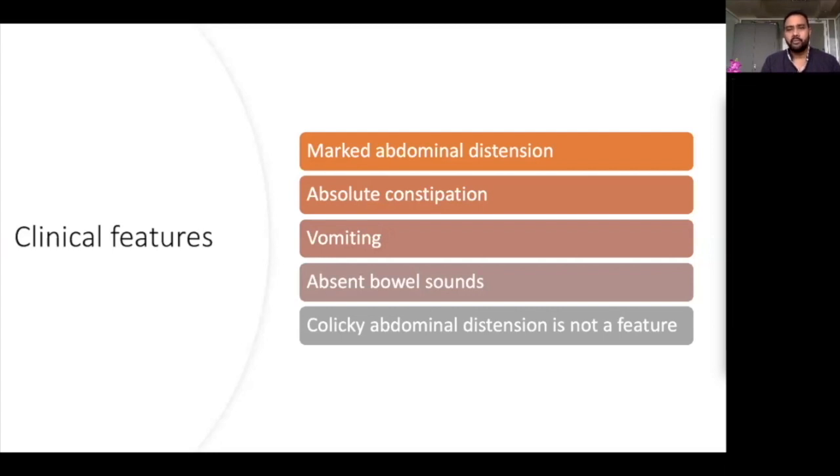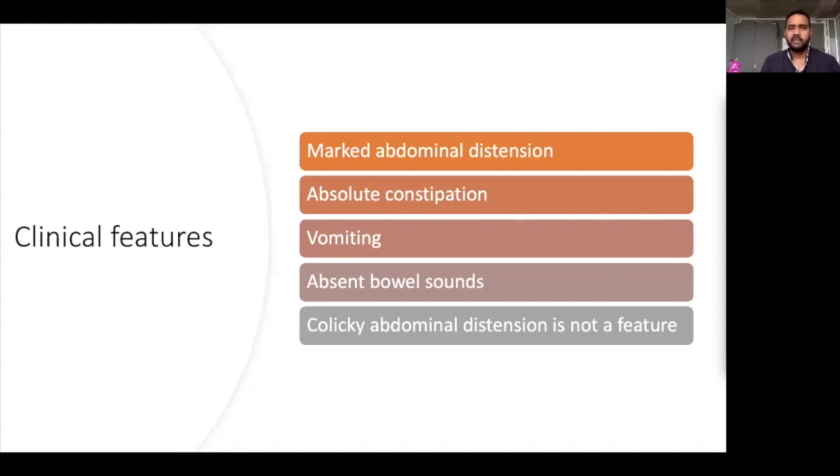And in colonic obstruction, people mainly have absolute constipation and abdominal distension. That is what we have discussed. But in paralytic ileus, even though it is mainly affecting the small bowel, there will be marked abdominal distension. That is the commonest feature in paralytic ileus, as well as absolute constipation, right?